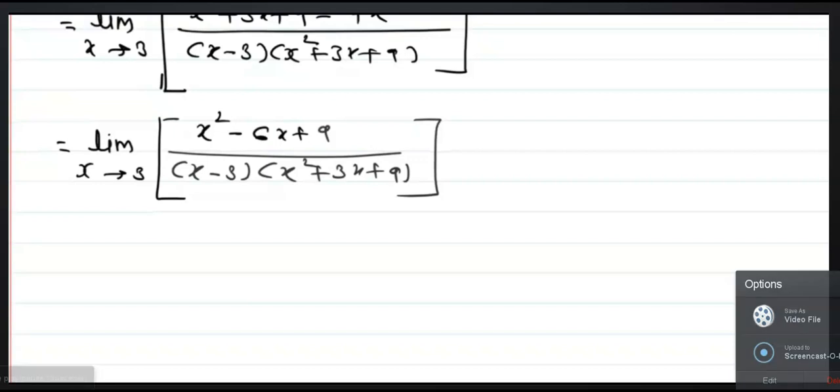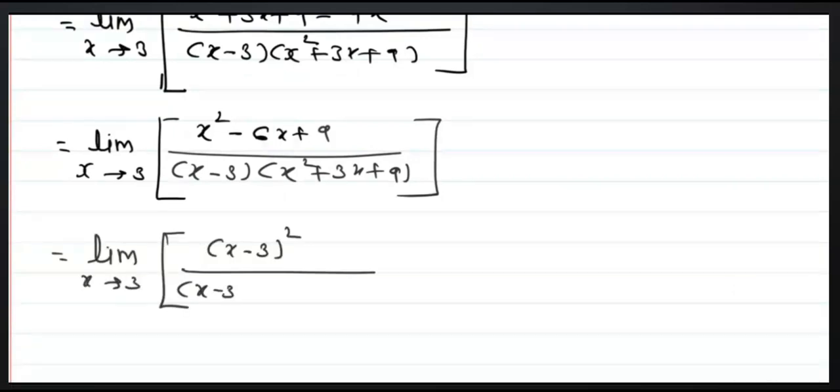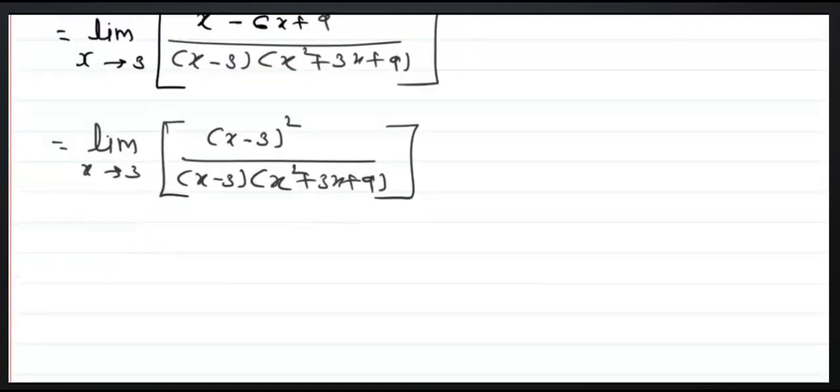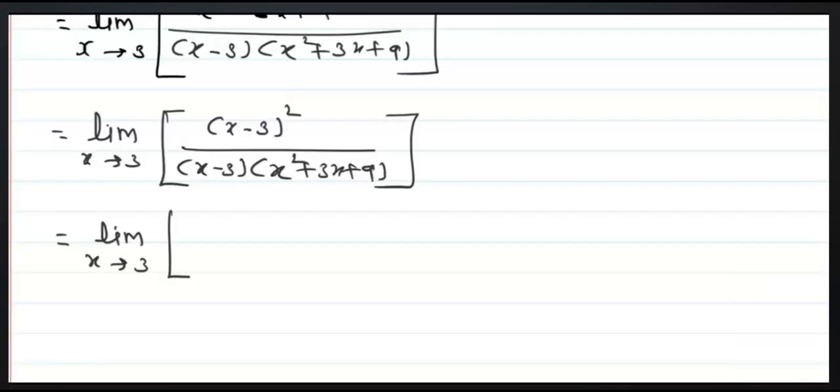Therefore, we write here, and one thing we will cancel: x minus 3 gets cancelled from the numerator, but there is still an x minus 3 in the numerator. And when we substitute x is equals to 3, the numerator will become 0.